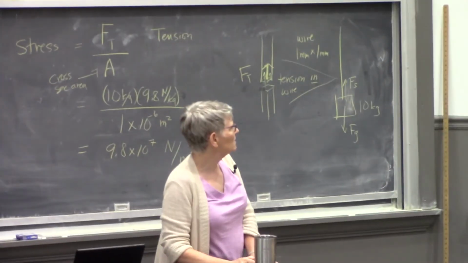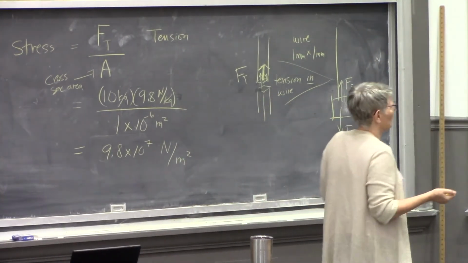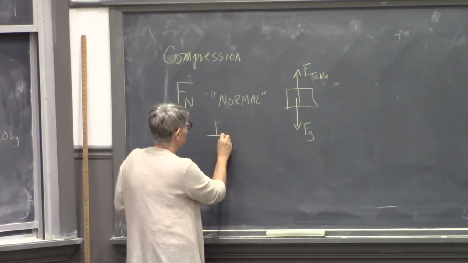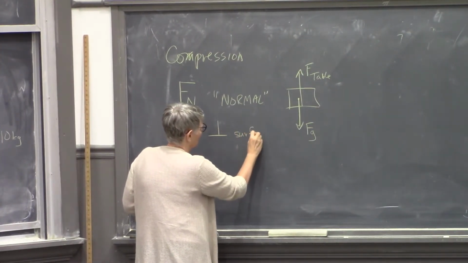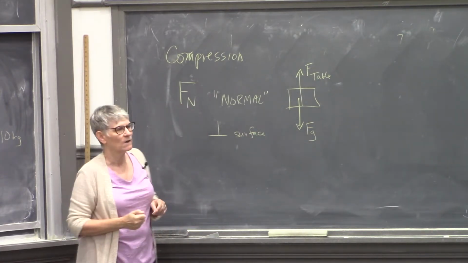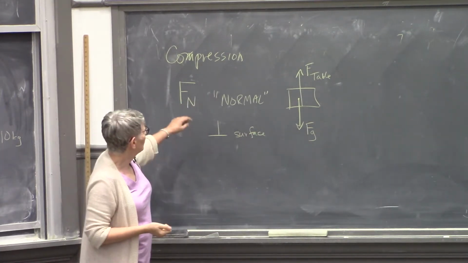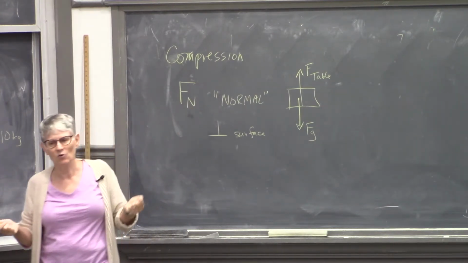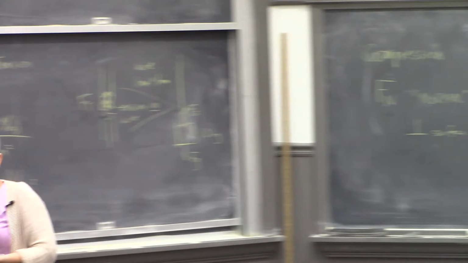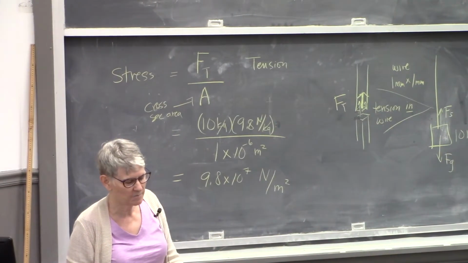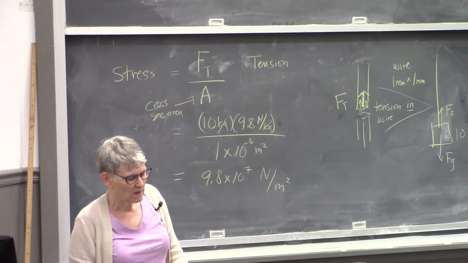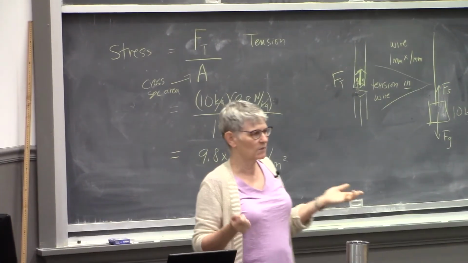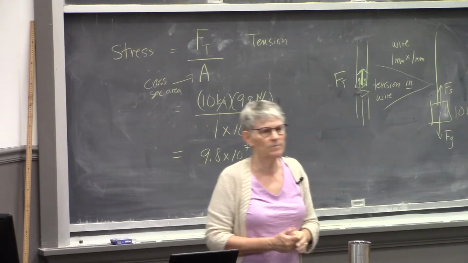No. What it means is it's perpendicular to the surface, that's all. It's the mathematical normal. So you may see it written as Fn, a normal force, but that's all we're talking about. And again, Young's modulus will tell you how much the table will compress or not compress.